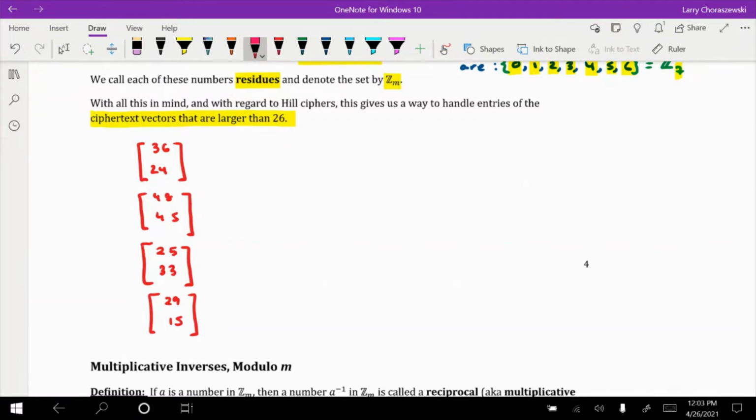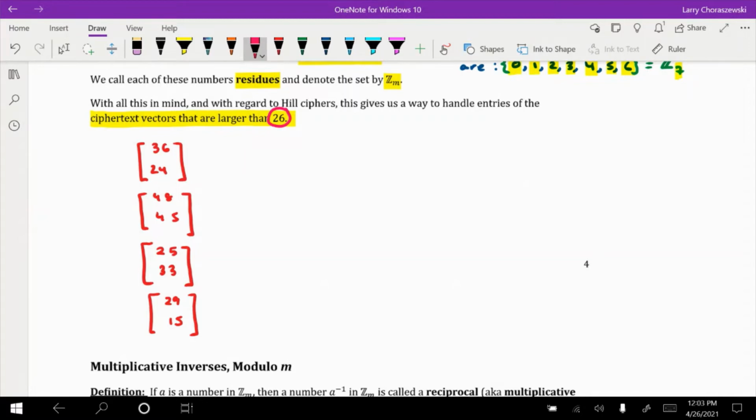Now what I'm going to do is what's called reducing modulo 26. And you can probably guess why I'm using a modulus of 26, because that's how many letters we have in the English alphabet.